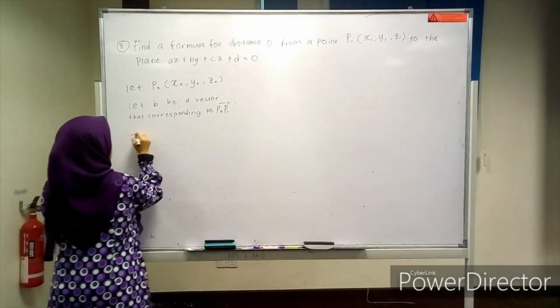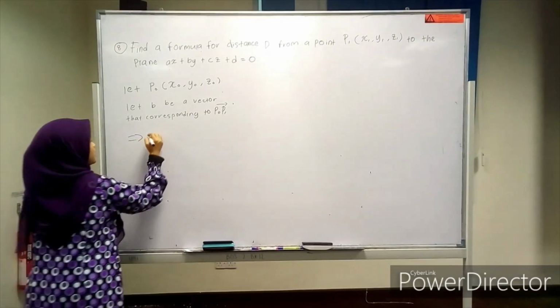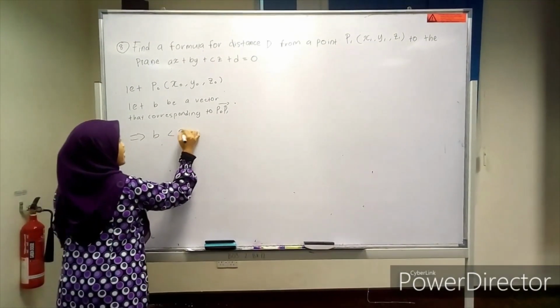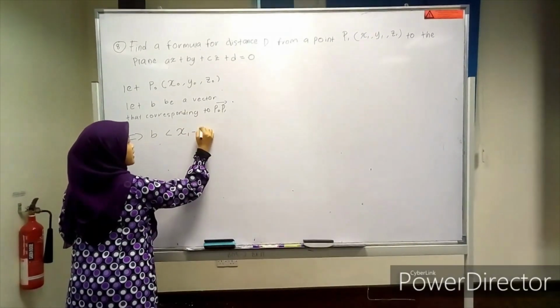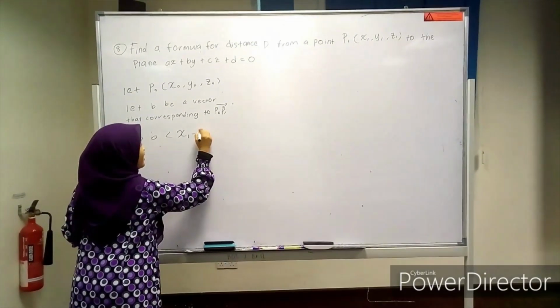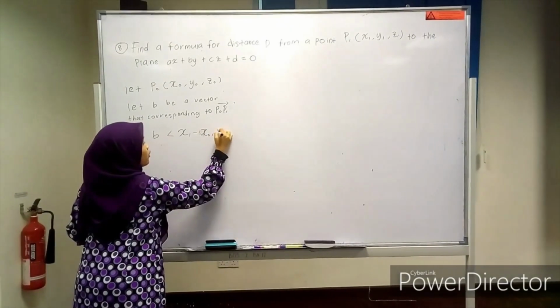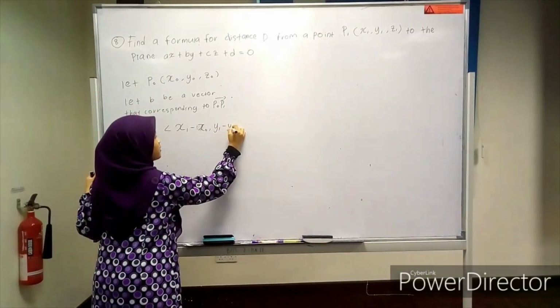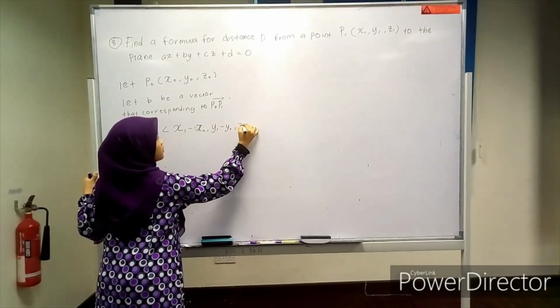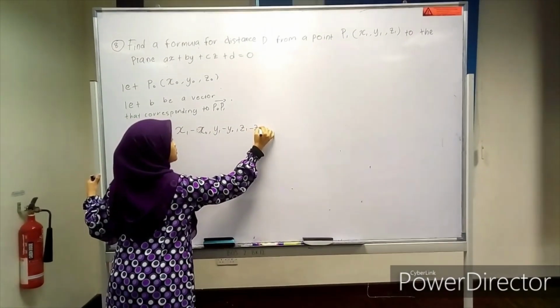Then we can write b is x1 minus x naught, y1 minus y naught, z1 minus z naught.